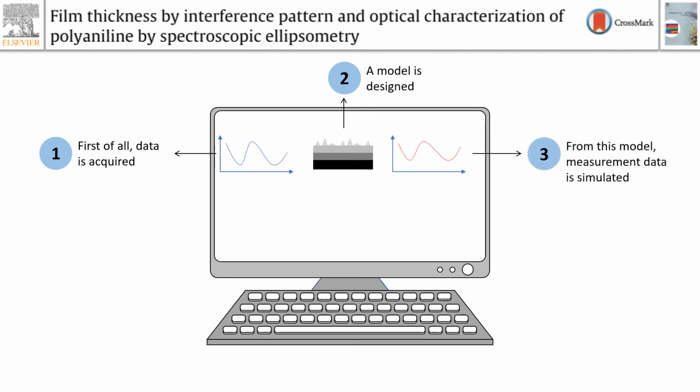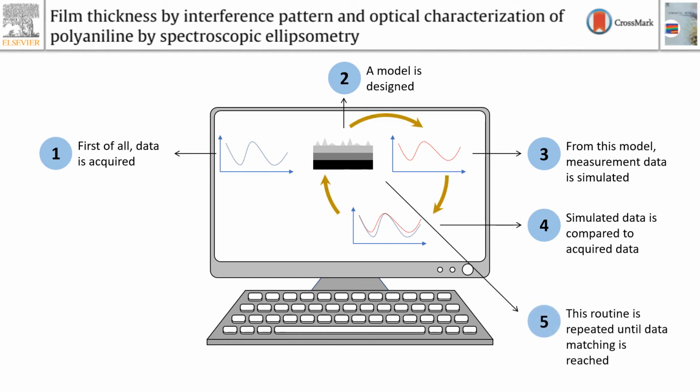Third, an ellipsometric measurement is simulated from the designed model. Fourth, the simulated measurement is compared to the original one. The fifth step consists of a routine where the second, third, and fourth steps are repeated until the two data match.